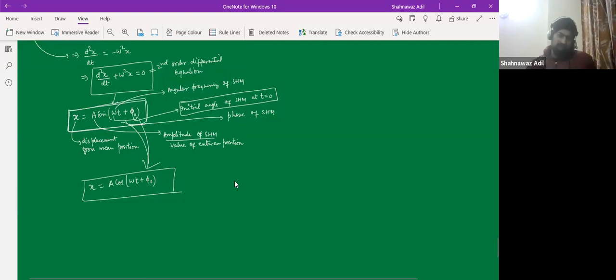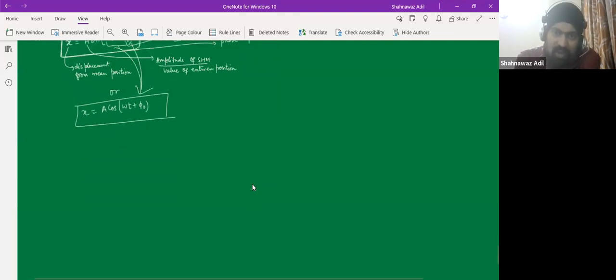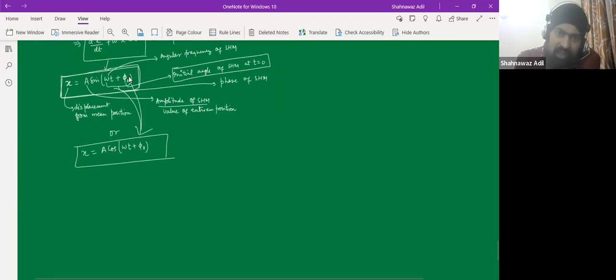So both of the functions we can use, right? But that will depend upon the initial condition. Okay, so now, how do we calculate this phi naught, right?